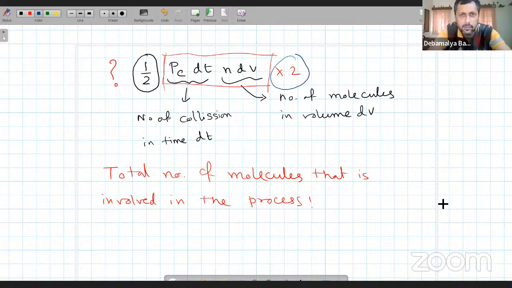I think there is a relation which talks about what happens when two gases mix, what the degree of freedom is.